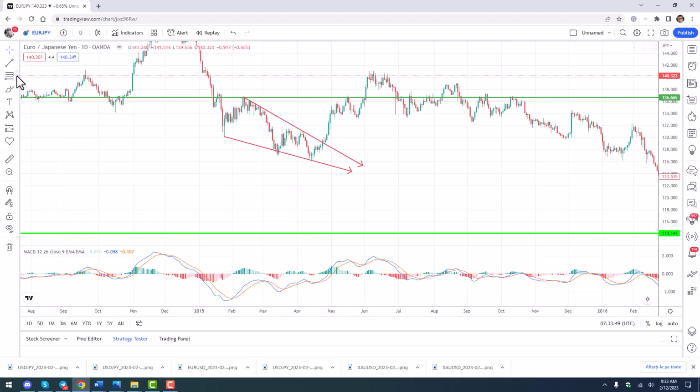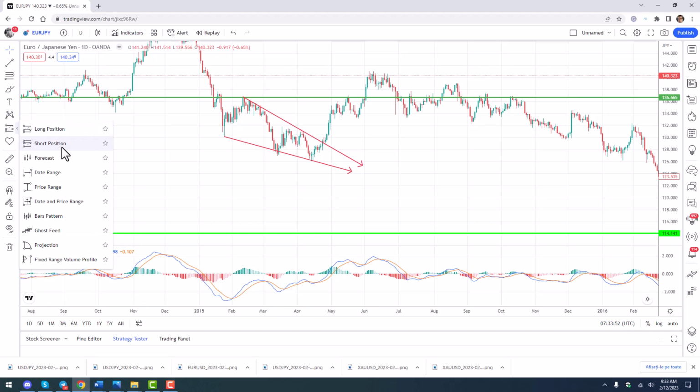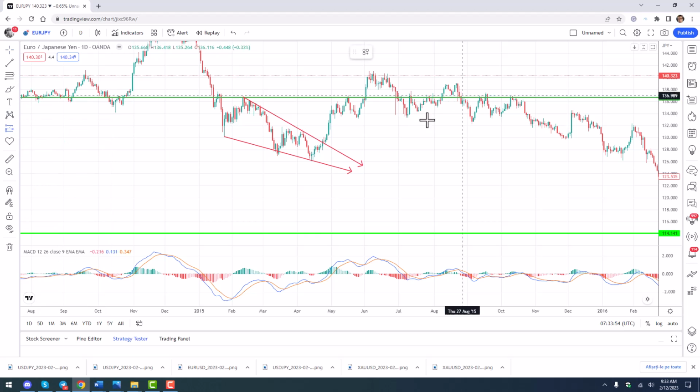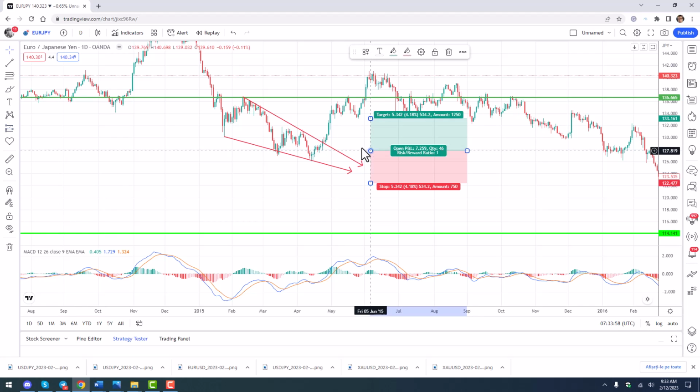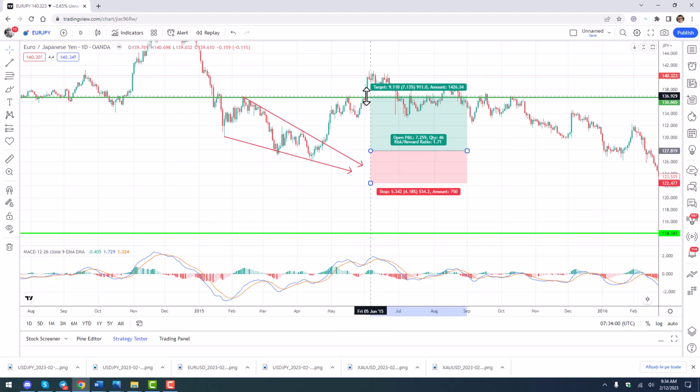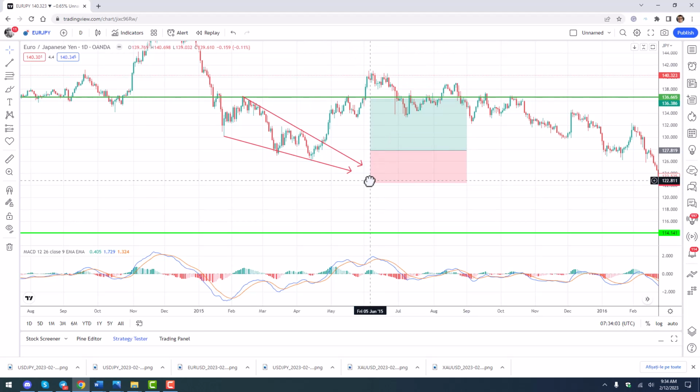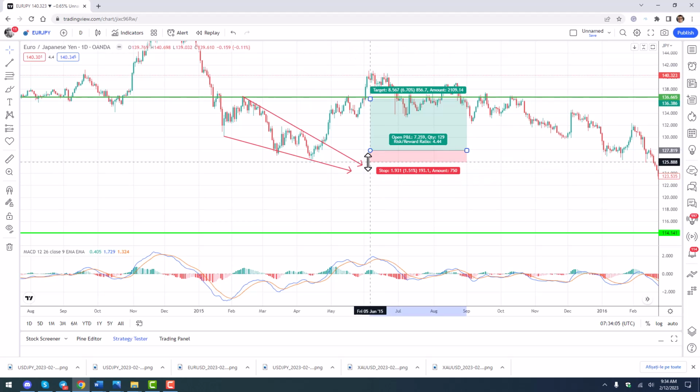So in this case, using the pin bar, we can enter on the break of the nose of the pin bar, and in this case we have more than 1 to 4 risk reward.